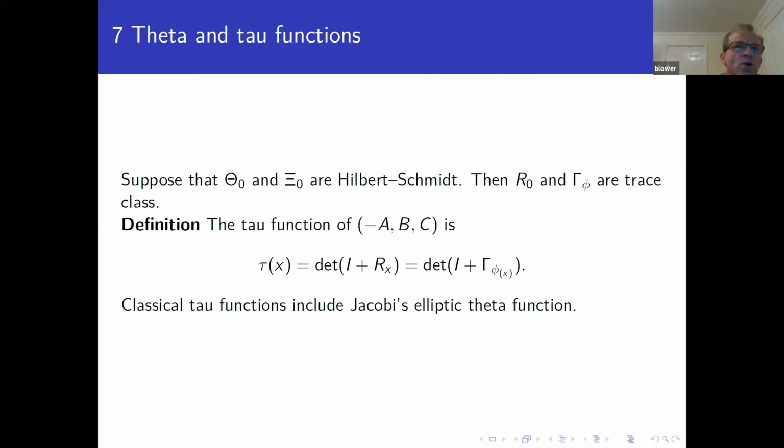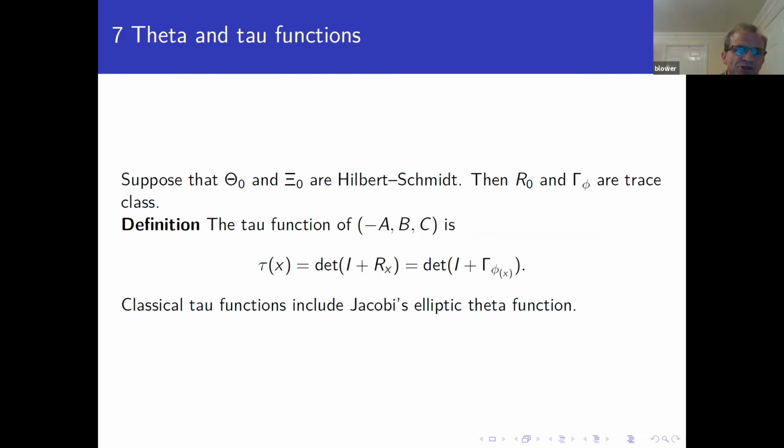So in this circumstance, we're going to have R0 and gamma phi trace class, and we're going to define the tau function of minus ABC to be the Fredholm determinant of R subscript X, and also the Hankel operator gamma with the scattering function phi translated through X.